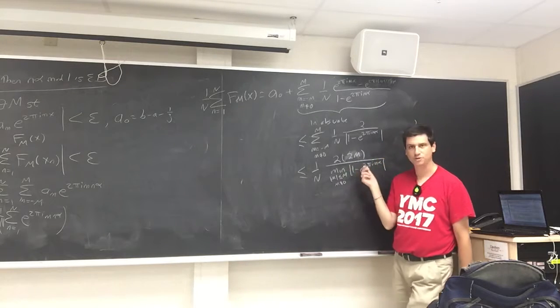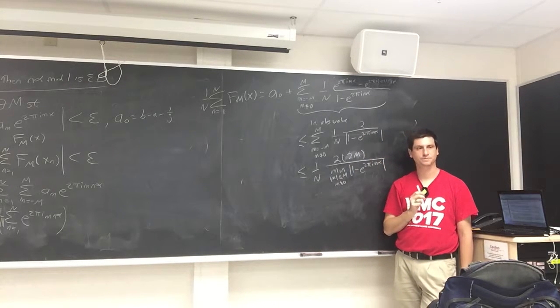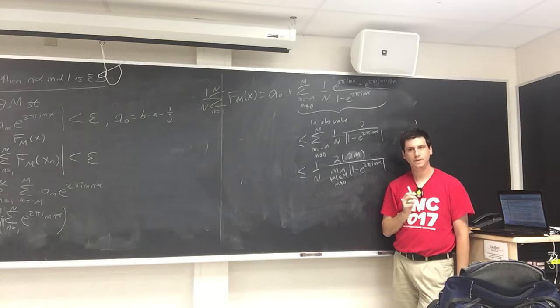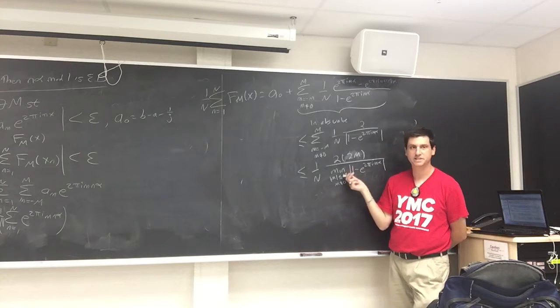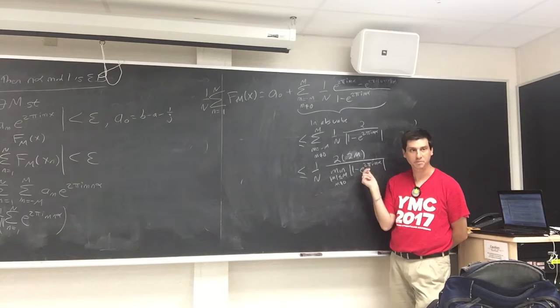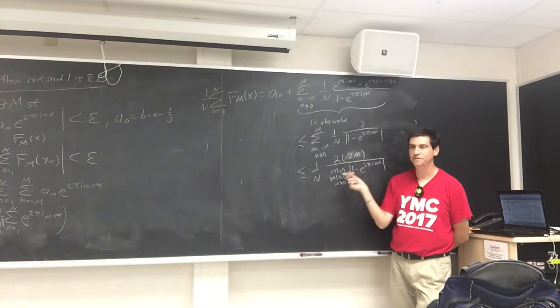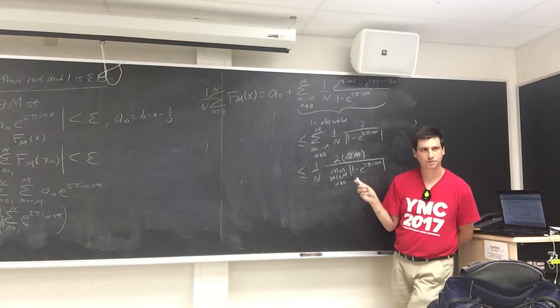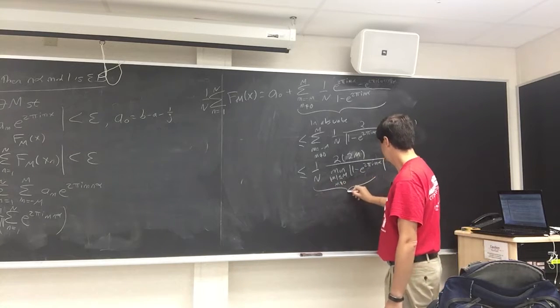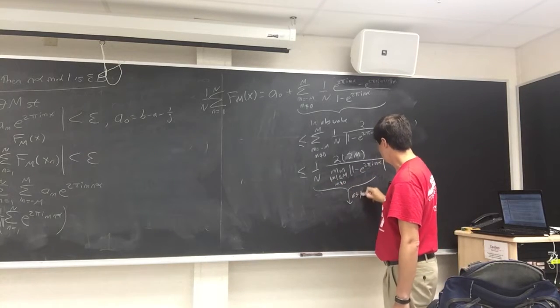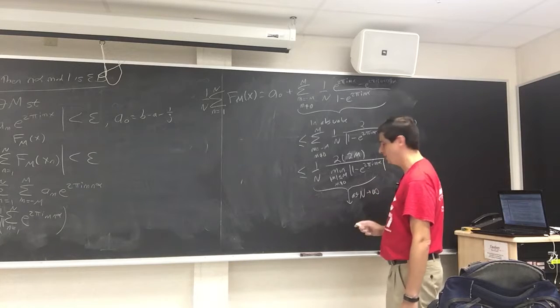Because the smallest value of this will give us the largest contribution. But because this is a finite set, this is just some number. And this is just some number. So as N goes to infinity, what does this go to?